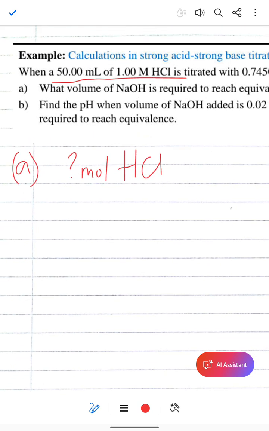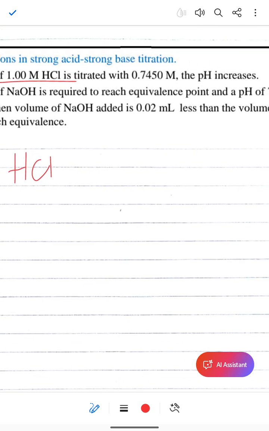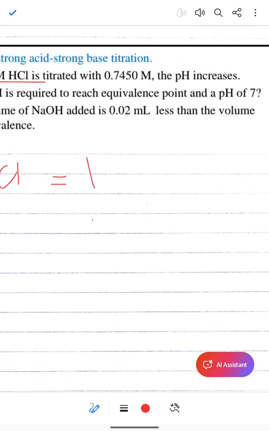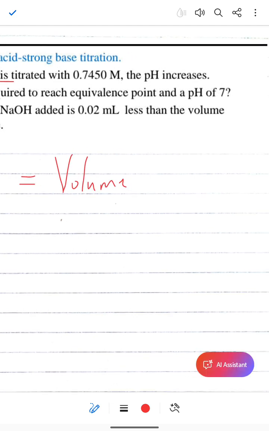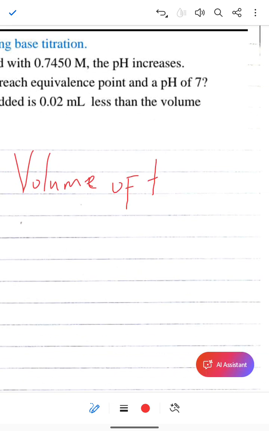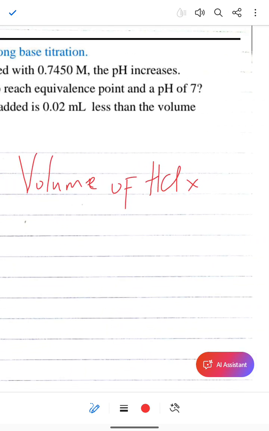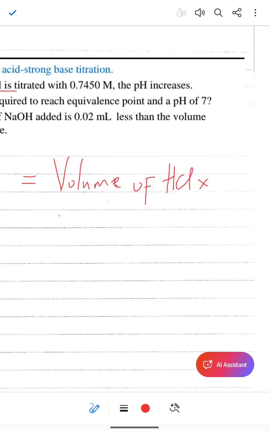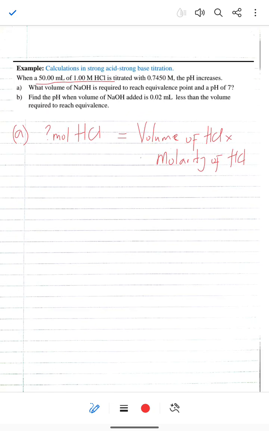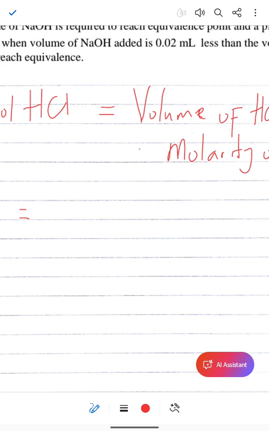The moles of HCl, I think we can simply agree, is just the volume of HCl multiplied by the molarity of HCl.